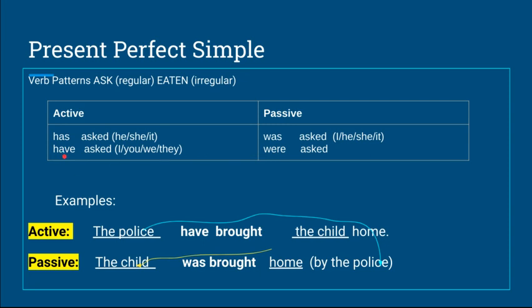And here, if it's plural, it is have asked. Or in the case of the first person, I have asked. Some examples. The police have brought the child home. The child was brought home by the police.